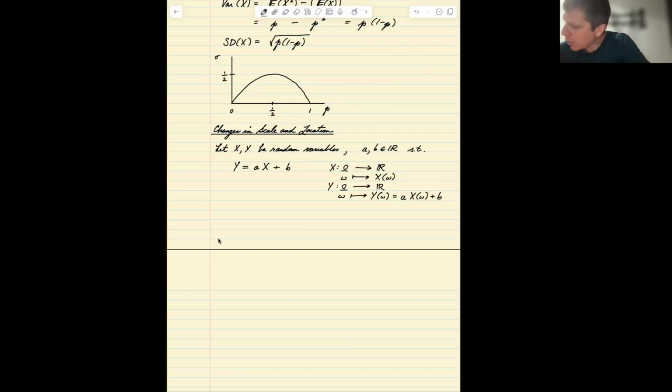So we say that Y is obtained from X by a change in scale and location.